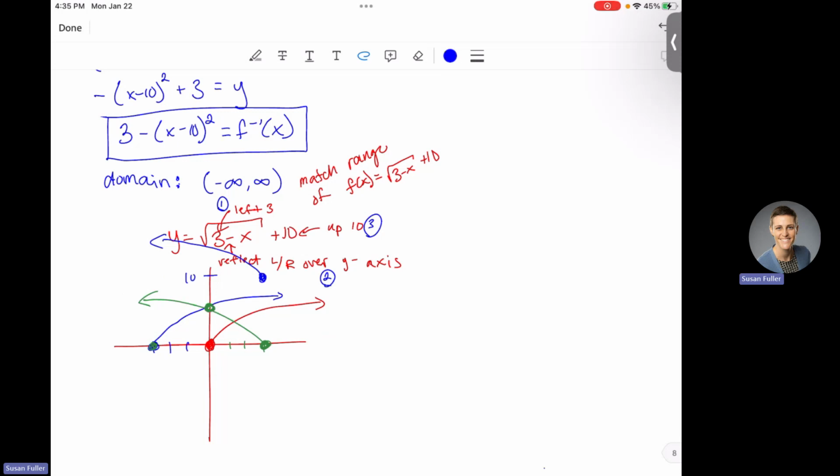So that's what my original looks like. What's the range of this graph? My original graph. Well, the range of this thing starts at 10 and it goes up. I don't have any y values below 10.